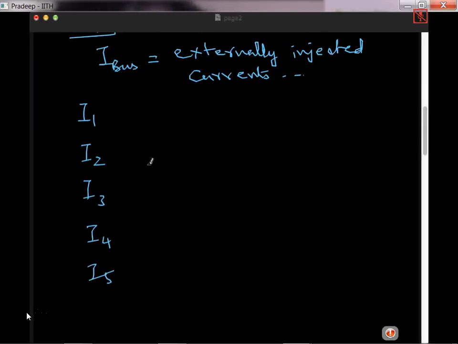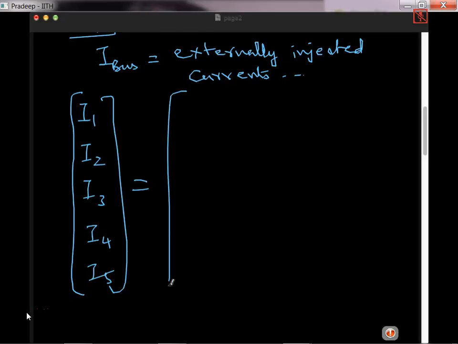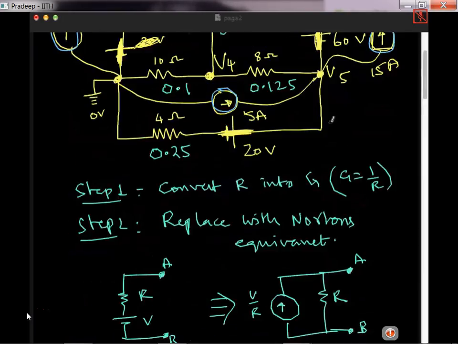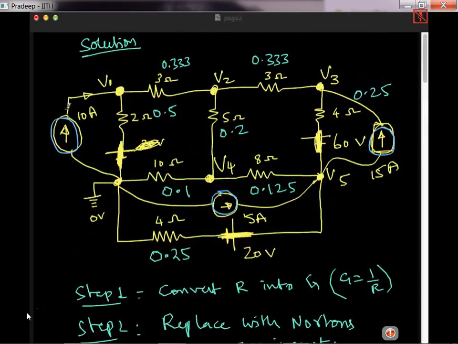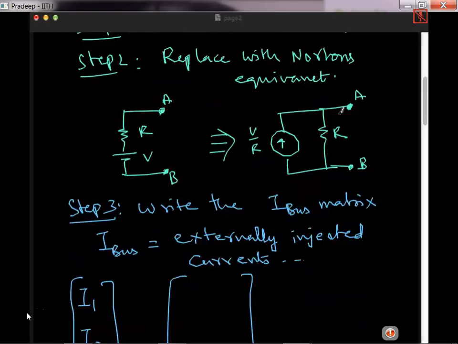I think there are 5 nodes in our network. So what is I1? If I go back, externally 10 amperes is injected into the node 1. So I1 is plus 10. Okay, so I1 is plus 10.